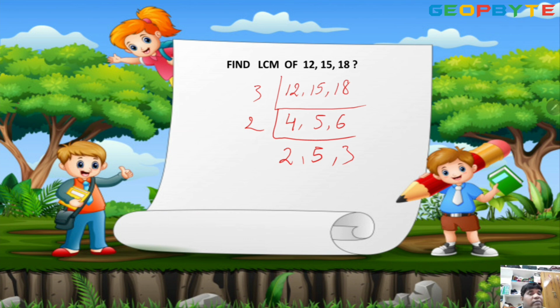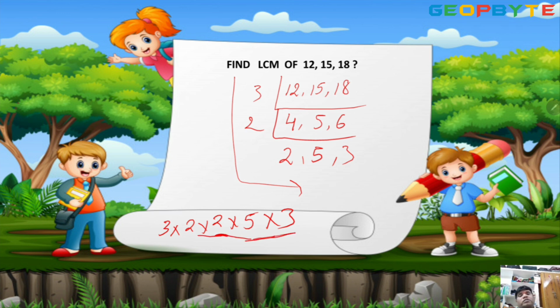Of these 3 numbers, a minimum of 2 are not divisible. So take the product of the L-shaped numbers: 3 into 2 into 2 into 5 into 3. So 5 threes are 15, 15 twos are 30, 60, 180. So the LCM is 180. Multiply all the values. Or 3 twos are 6, 5 twos are 10, 30; 30 into 6 is 180. Your wish, multiplication.